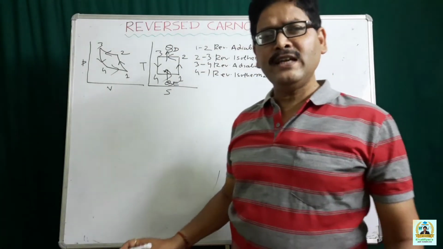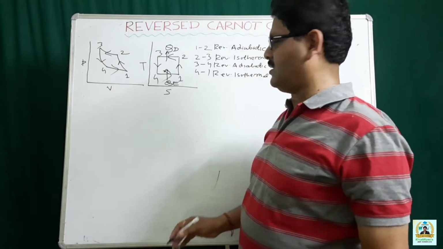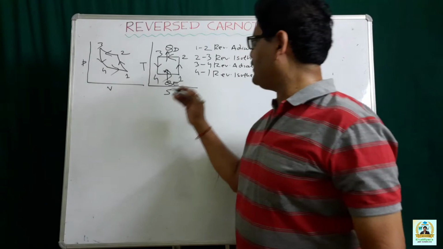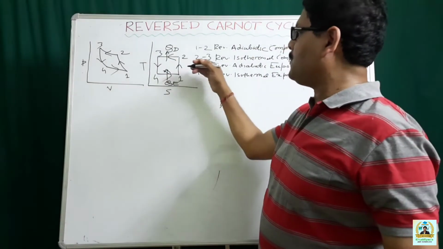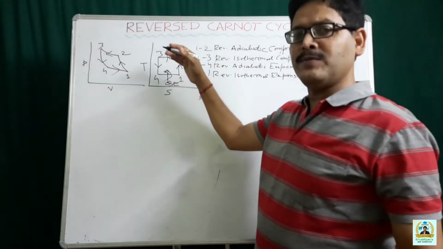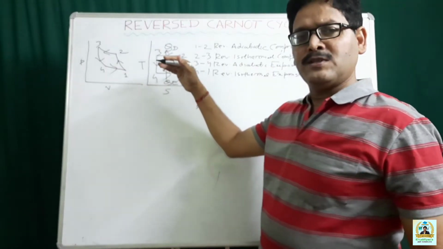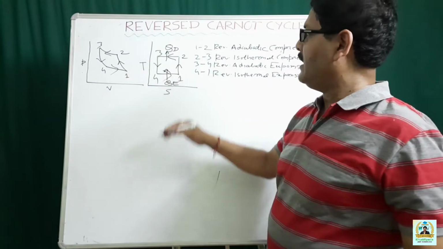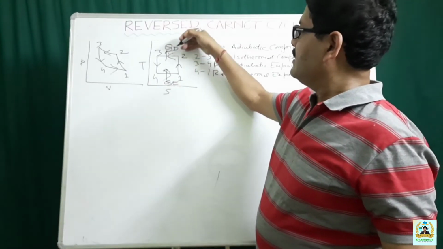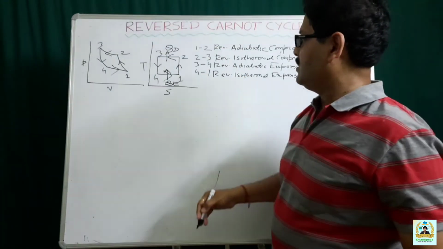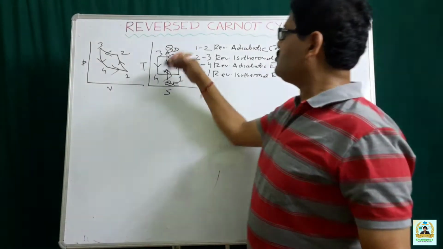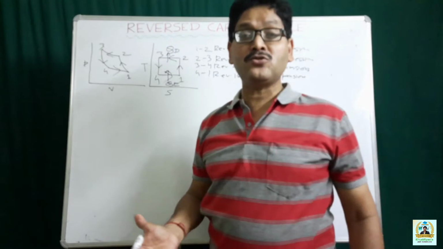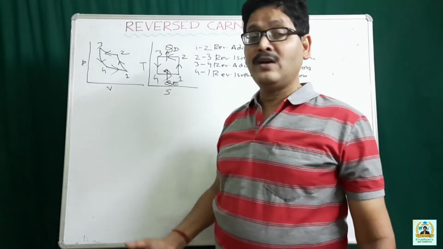In both heat pump as well as refrigerator, the working substance is refrigerant, and the refrigerant absorbs heat from the space or body which is to be maintained at low temperature, and in process 2-3, this heat is delivered to the surrounding medium or the medium which is to be maintained at higher temperature.